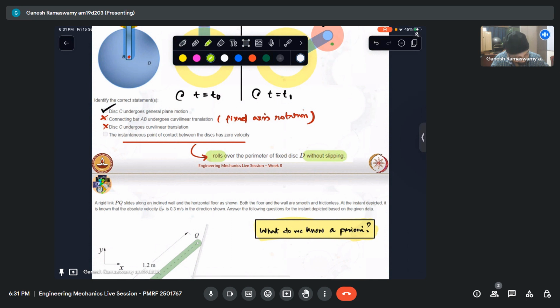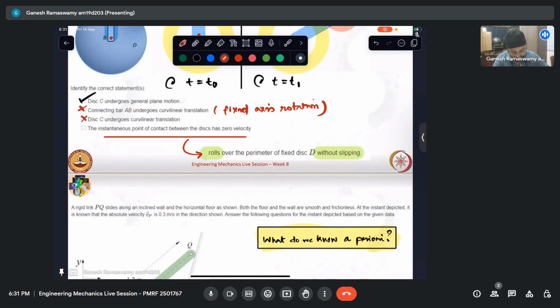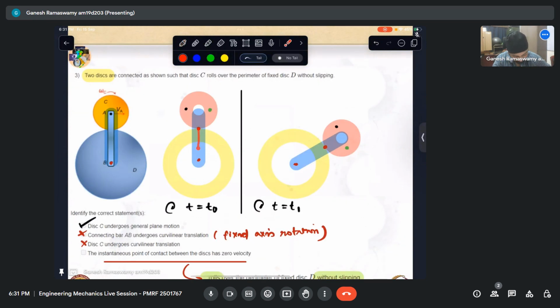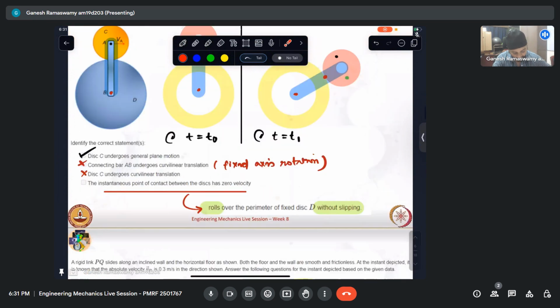As it is discussed well in the lectures also, when it rolls without slipping, this point is my instantaneous center of zero velocity. Because this entirely does not have any speed, any velocity, so this is trying to roll. So my velocity at this point is like this. At this point it will be like that, with the point of contact as the instantaneous center of rotation or zero velocity. So yes, this is correct.